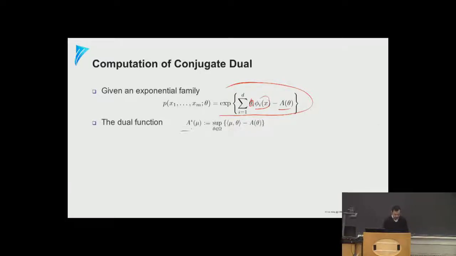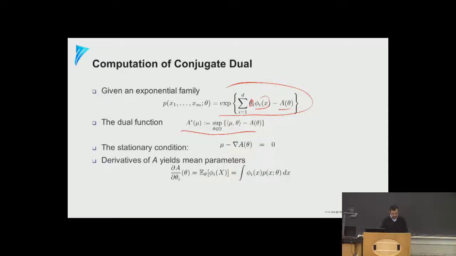We can still write the dual function symbolically like this. And we can still establish the stationary condition of the mu, of the mean parameter, right? And the stationary condition gives you a connection between the mu and the original distribution in the following way.